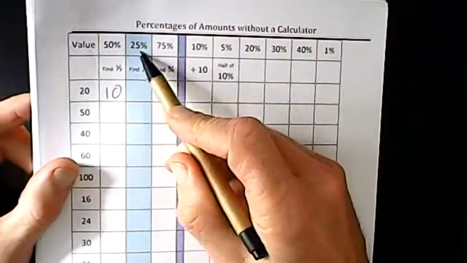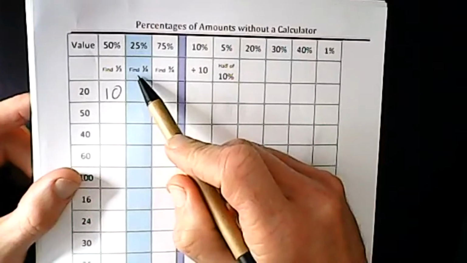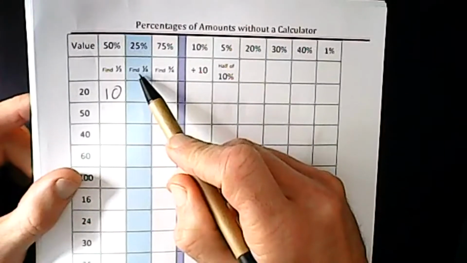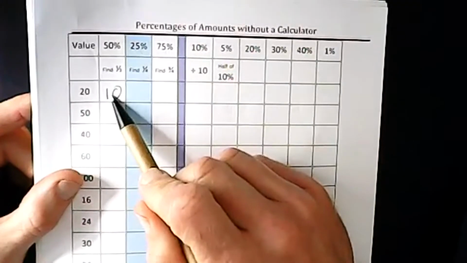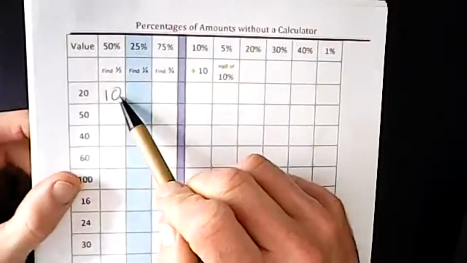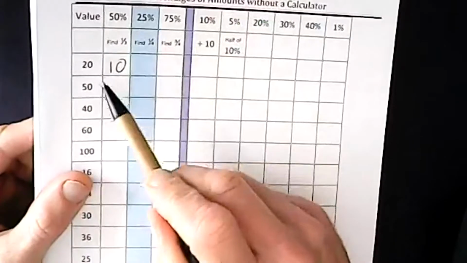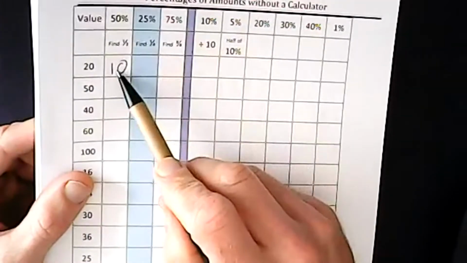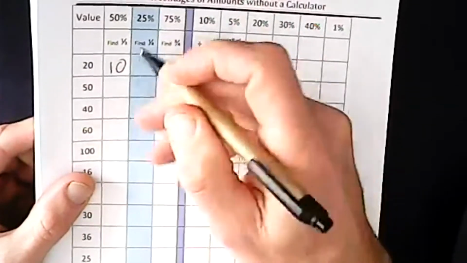Now 25%. 25% is going to be a quarter. We should know by now 25 is a quarter. But we've already got half, so we can use that half to find our next value. As we're building up the evidence here, we're finding more and more facts out. So half of 10 is going to be 5.